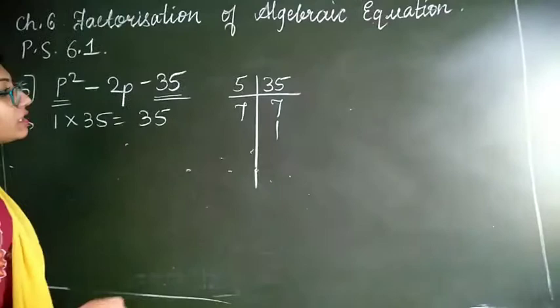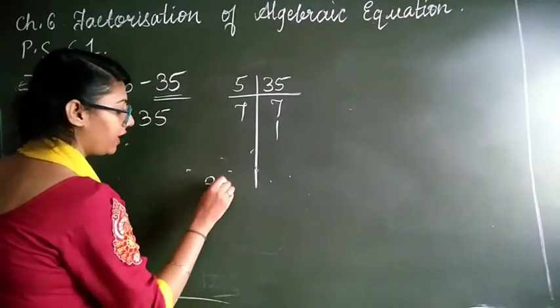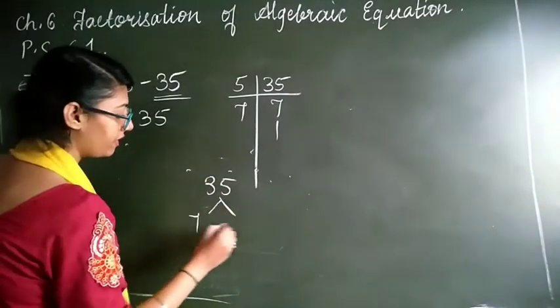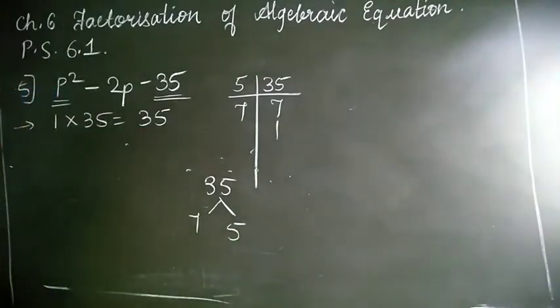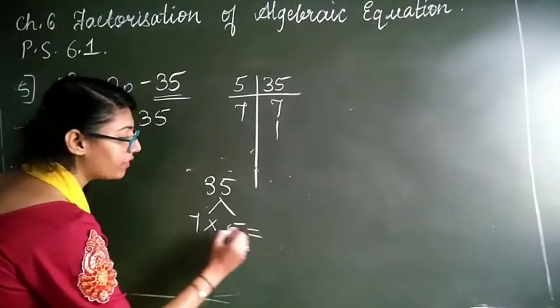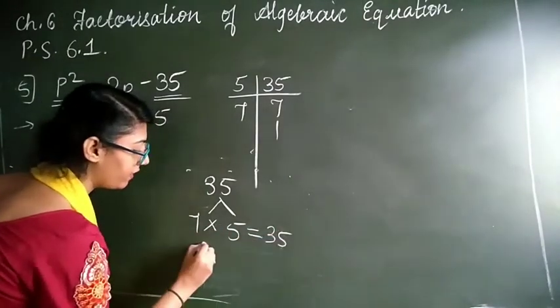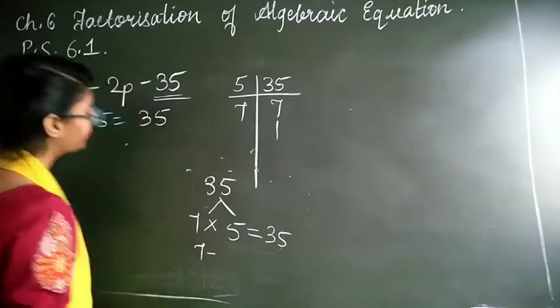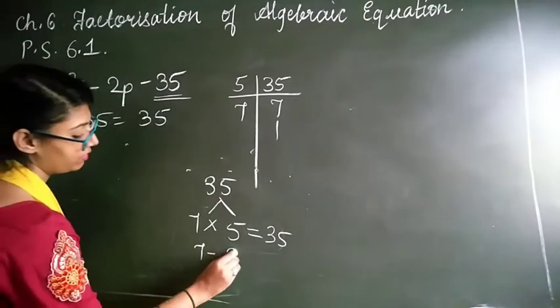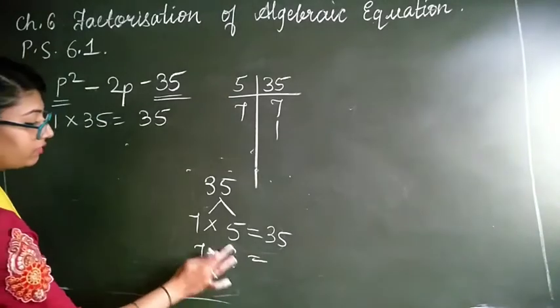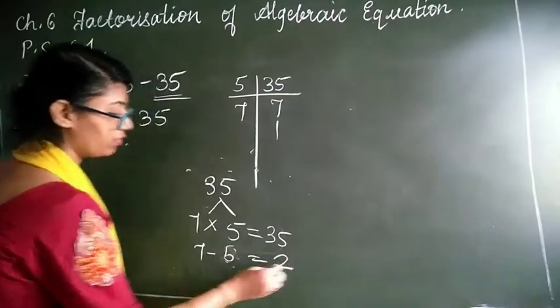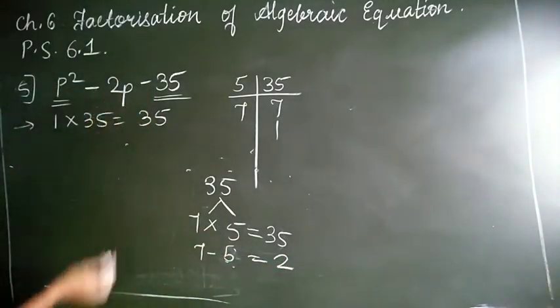So 7 and 5. When we multiply 7 and 5, we will get 35, and when we subtract, we will get 2. What we want? Minus 2.